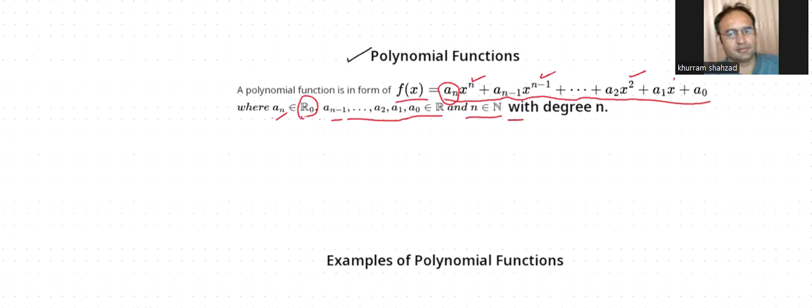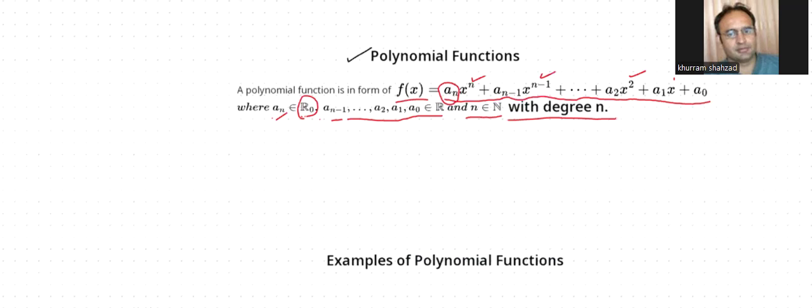What is the degree of a polynomial? The degree of a polynomial is the highest power involved in the function. The highest exponent involved in the polynomial is the degree of the function f of x.